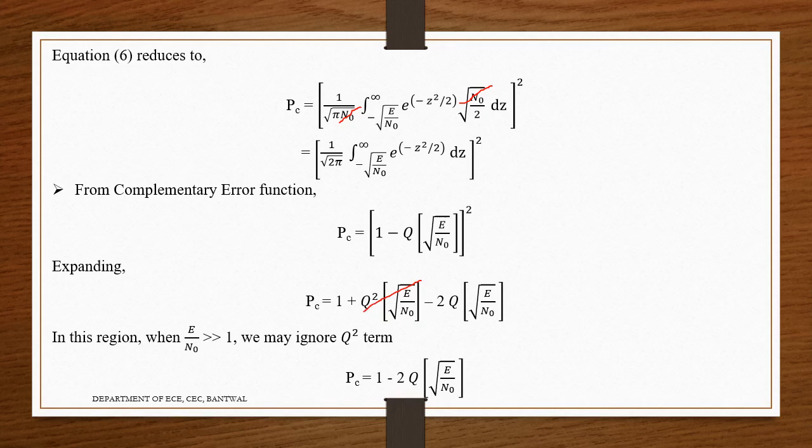So 1 minus 2Q of the square root of E by N0. This is the probability of the correct function. I am representing it in terms of Q as we used to do here, because we cannot do it directly for the correct function. Only for the error function can we write it as Q of the square root of E by N0. But because of the presence of the correct function, I have to go through these steps.